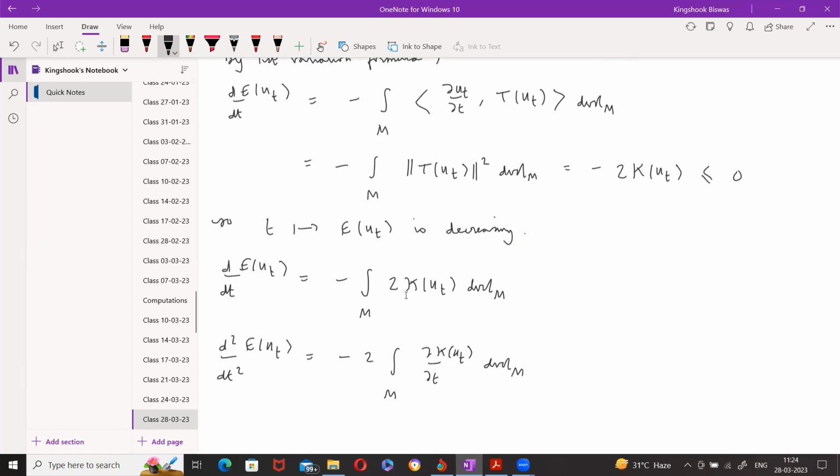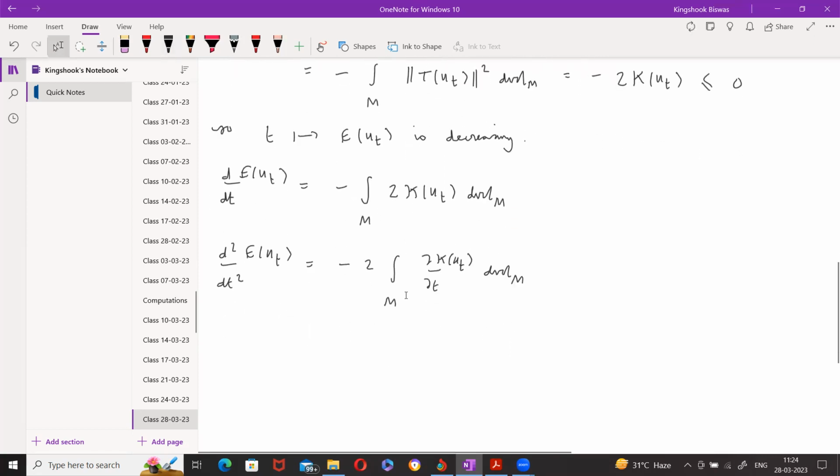So we need to work out what this time derivative of the kinetic energy is. So let's work that out.